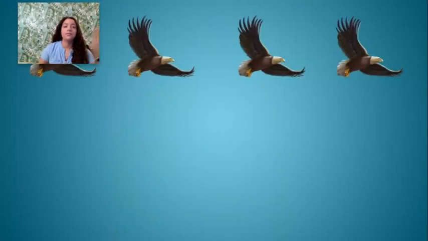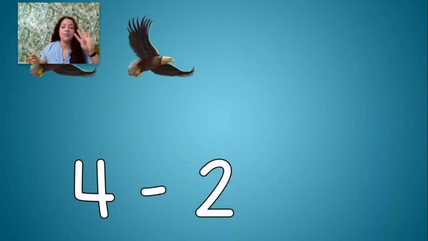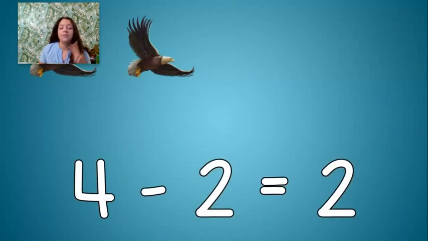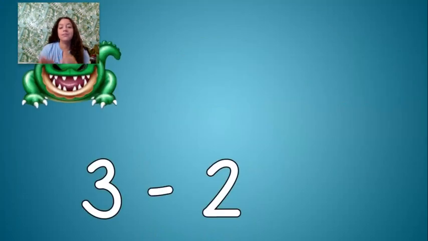Let's do subtraction, move and have fun. 4 bald eagles are gliding through the air. 2 bald eagles fly down and land somewhere. How many bald eagles are gliding through the air? 4 minus 2 equals 2. 3 alligators are swimming in the lake. 2 alligators go on the grass and take a break. How many alligators are swimming in the lake? 3 minus 2 equals 1.